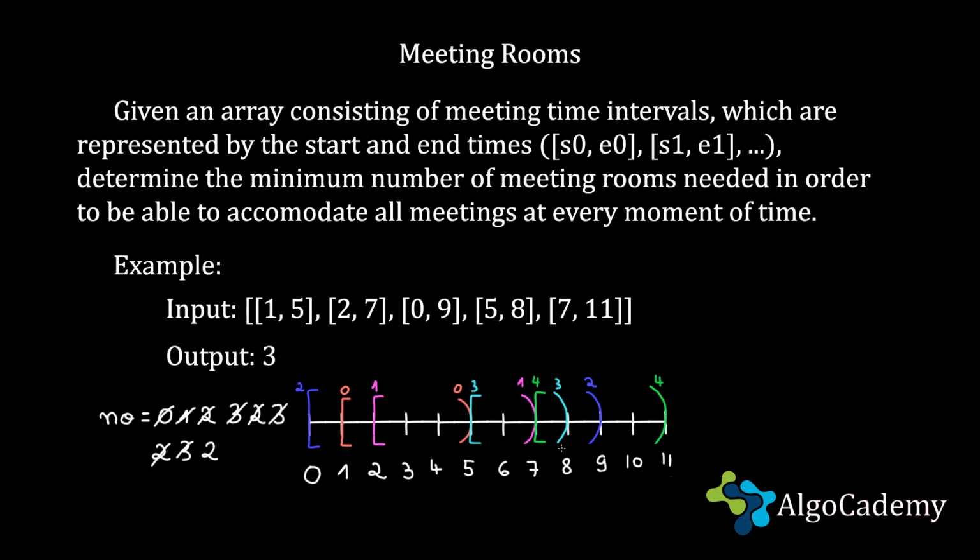Of course. It is meeting number 4 and meeting number 2, which didn't end until now. Then I move to the moment of time 9. A meeting is finished, so there is one meeting happening at this moment of time, also at 10, and at 11, of course, this meeting is over as well. So you see what I've done?